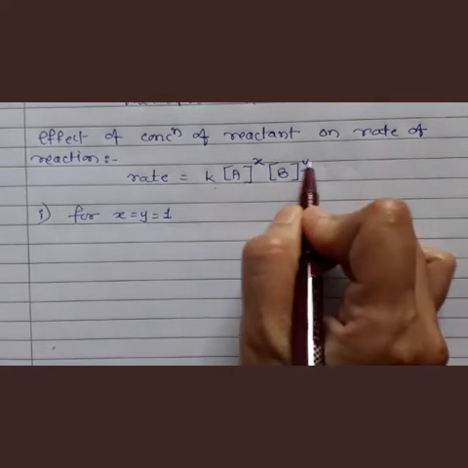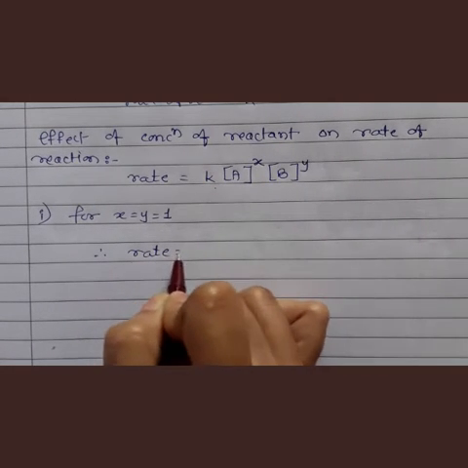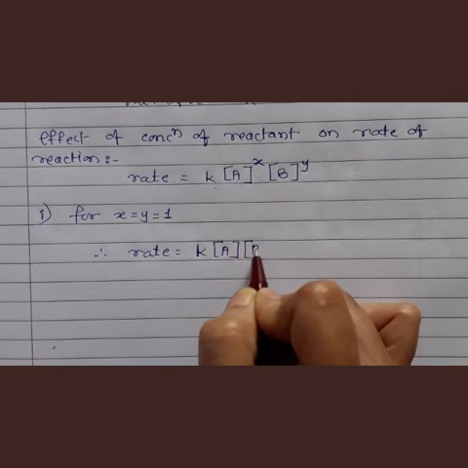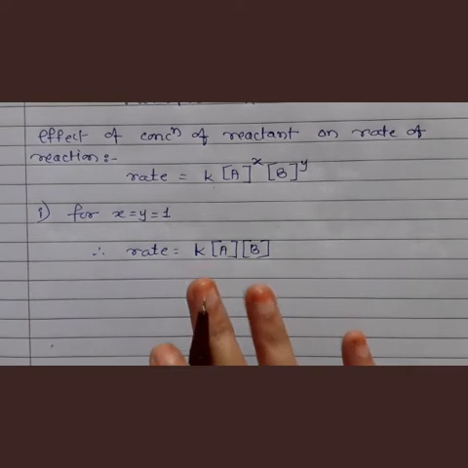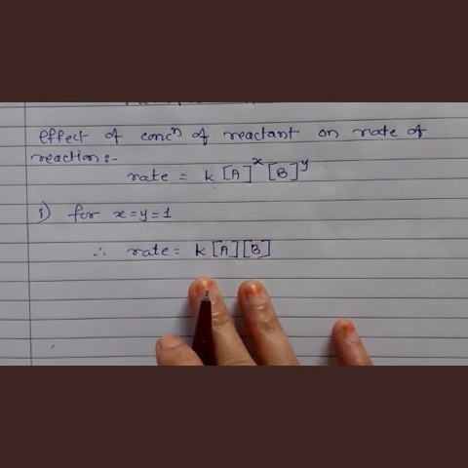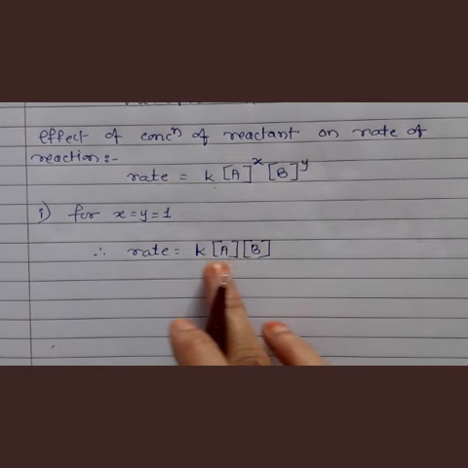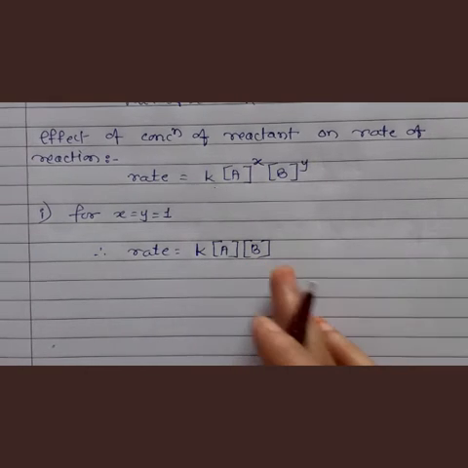Okay, these values are 1, right? That means in this case rate is equal to K concentration of A concentration of B. Understand? So in this case the equation implies that the rate of reaction depends linearly on the concentration of A and B. If either the concentration of A or B is doubled, the rate will also be doubled.